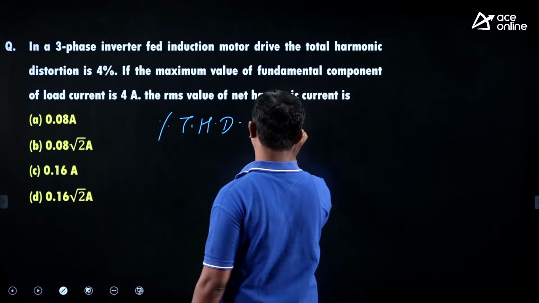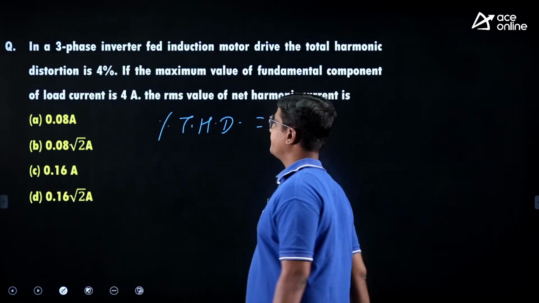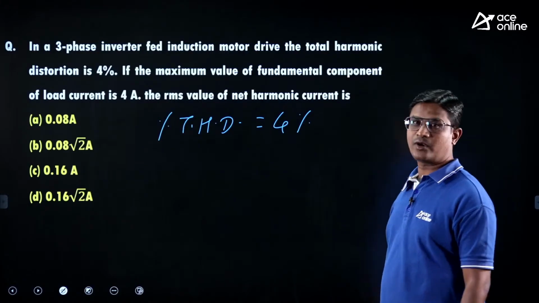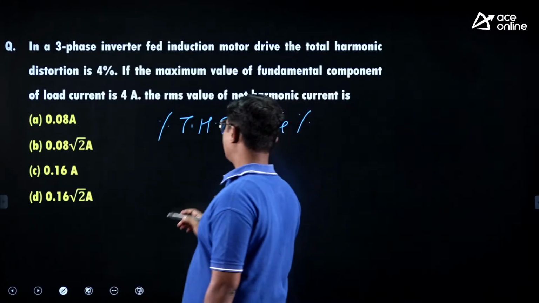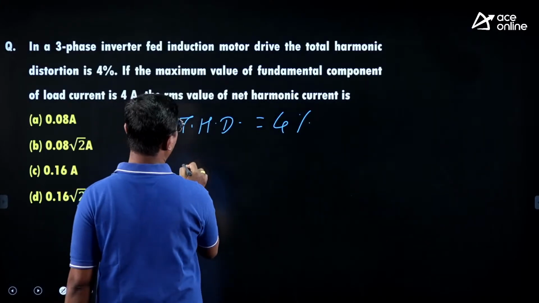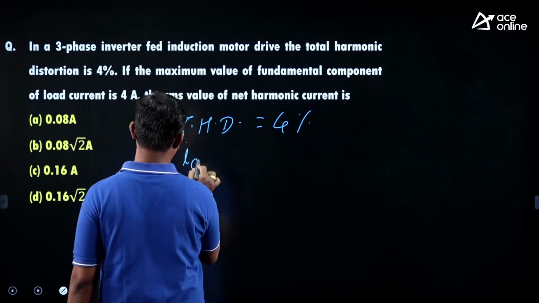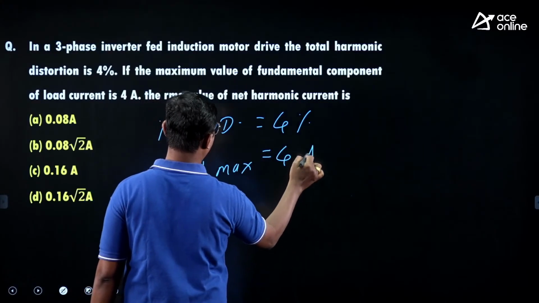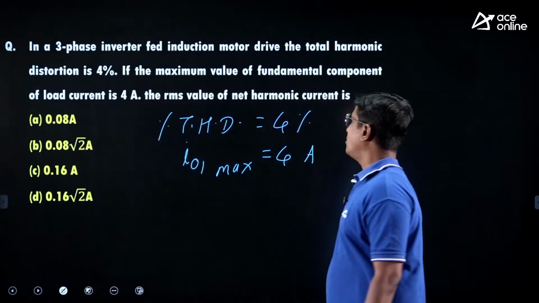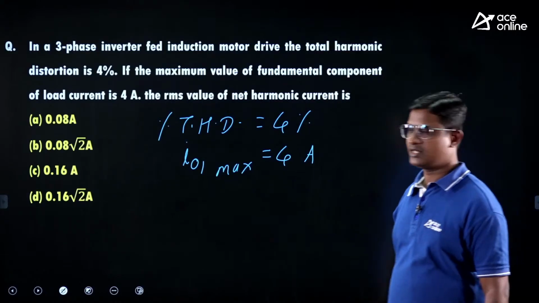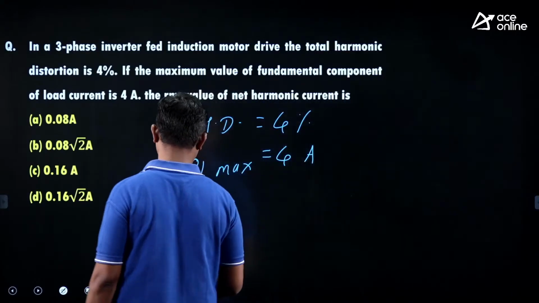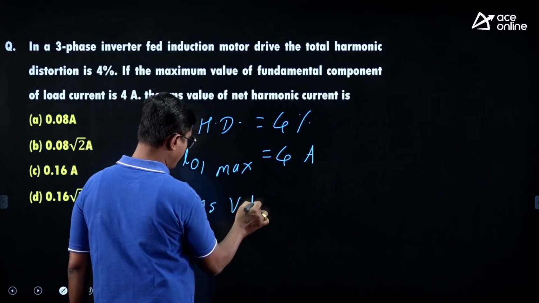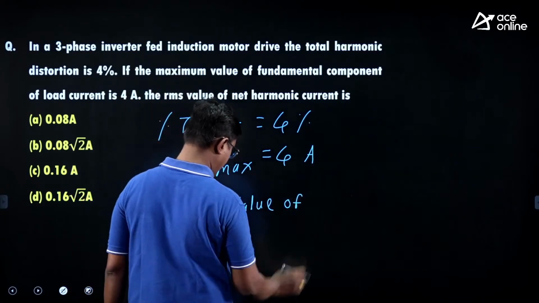If the maximum value of fundamental component of load current, that is I01 max, is equal to 4 ampere, then the RMS value of net harmonic current he is asking.